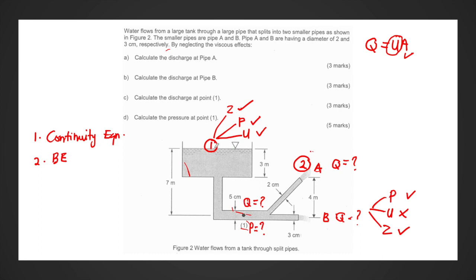Take a look at my pen. Point 1 here, point 2 here, or you can select point 1 here to point A. You can apply Bernoulli's principle from point 1 here to point 2 here, or point 1 here to point A, or point 1 here to point B. It's up to you which point you choose, because you have 3 points that can be chosen.